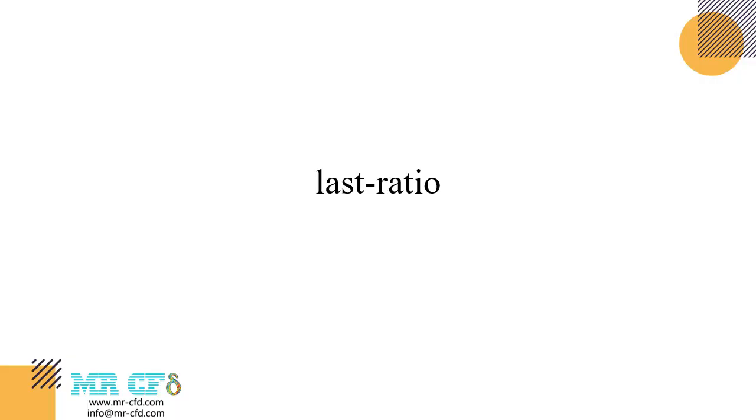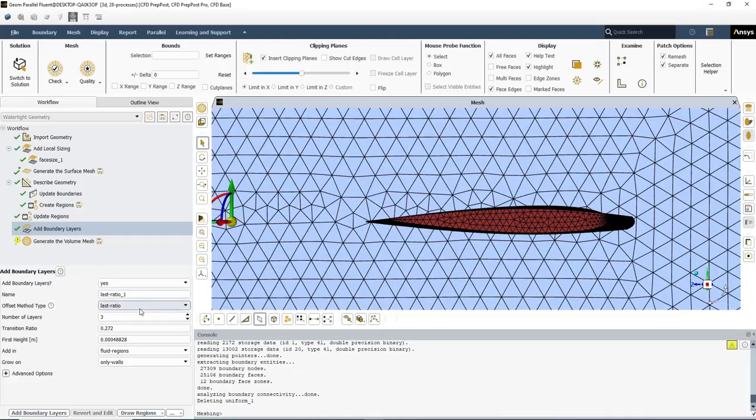Now let us look at the last ratio method for boundary layer generation. In this method, we again specify the number of layers. For example, here we use 10 boundary layers. Similar to the previous methods, we need to set the first height as well as the transition ratio and growth of the layers to control the layers. After entering these parameters, we click Add Boundary Layer.